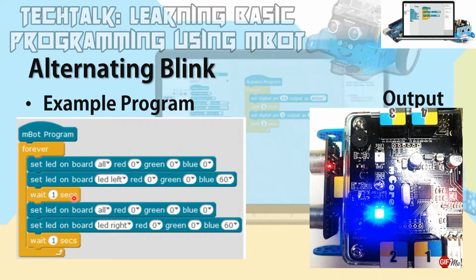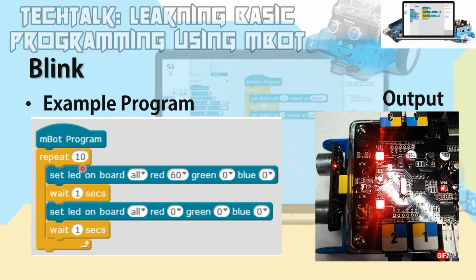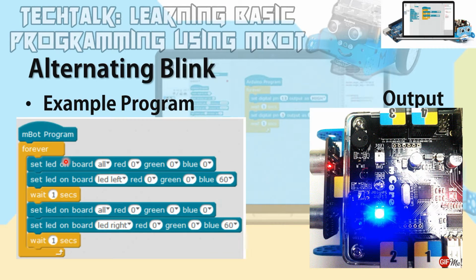So, what's the difference from the earlier one? Earlier, we just used repeat for 10 repetitions, which means our light will blink for 10 times. In this case, we use forever. Sabi nga nila walang forever, but in this case, we used forever.